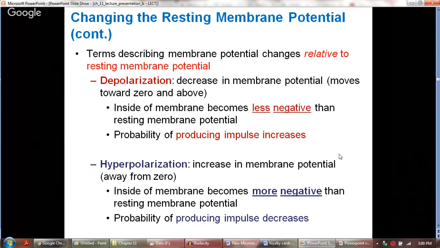The next important word is hyperpolarization, that is, an increase in membrane potential, more away from 0. So thinking of -70 millivolts, it's going to be -90 millivolts. It goes more negative. In this case, the inside of the membrane becomes more negative than the resting membrane potential, and the probability of producing an impulse decreases.